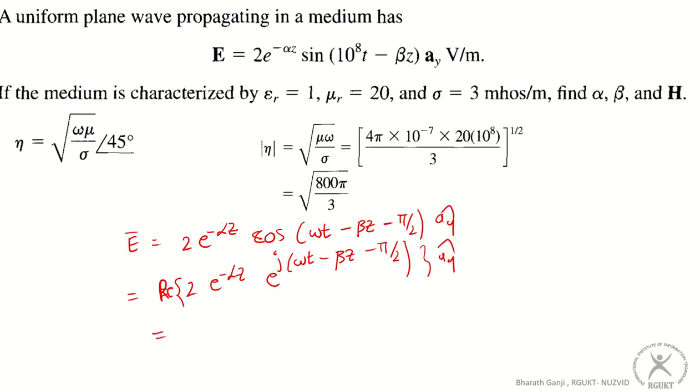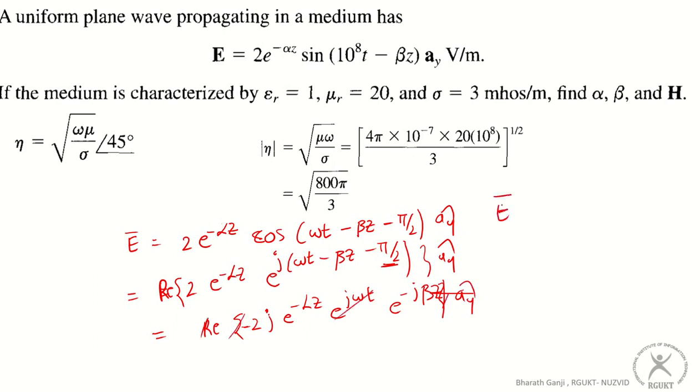So this can be written as real part of 2 times minus j, since e power j minus pi by 2 is minus j, and e power minus alpha z, e power j omega t, e power minus j beta z into ay cap. We neglect this e power j omega t and real part while writing phasor form.